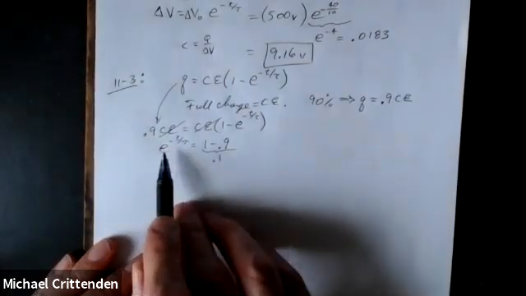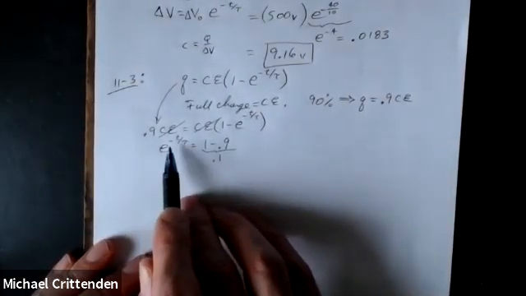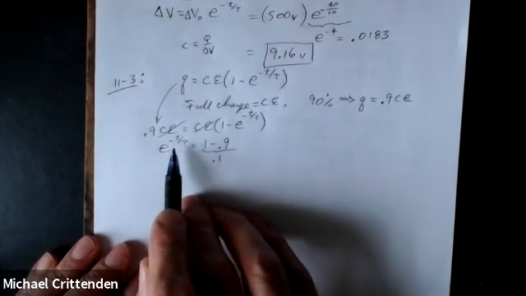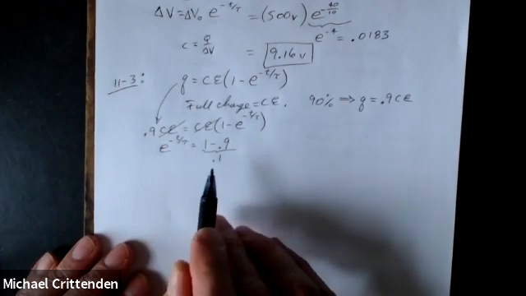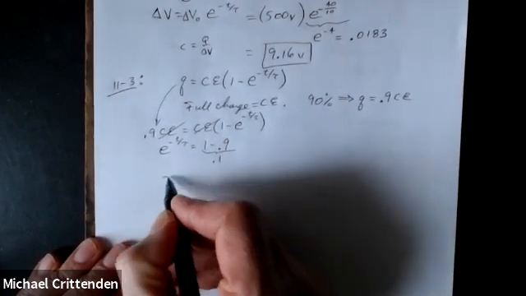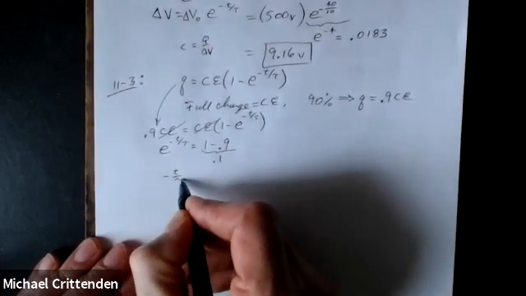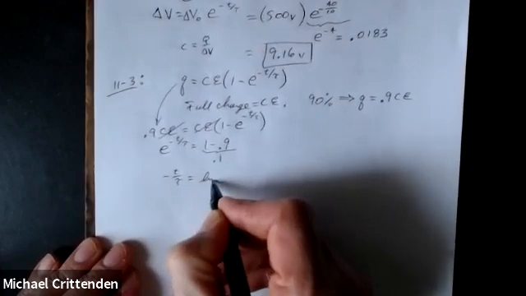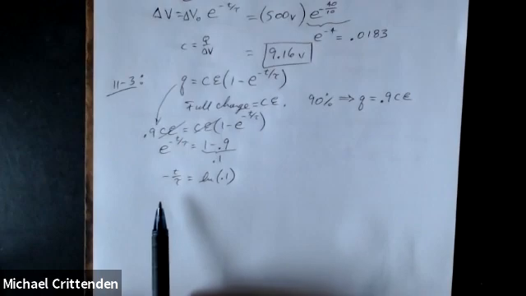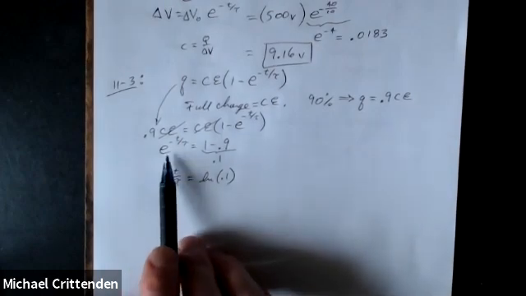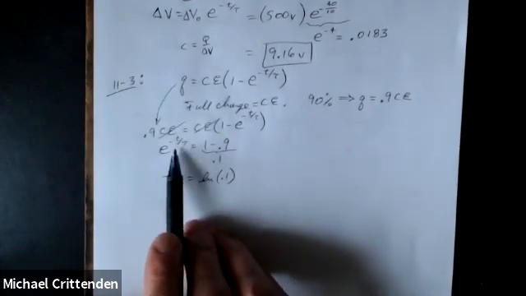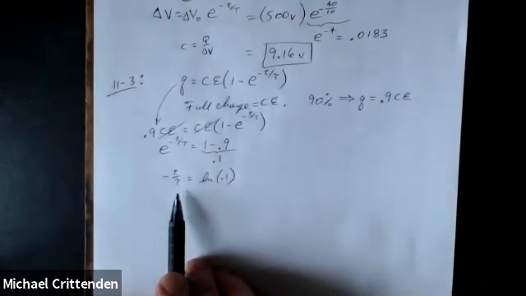And so to get that function off of the t, I apply the inverse function. The inverse function of an exponential is a log, so I take the natural log of both sides. Natural log of the exponential, the two functions cancel each other out because they're inverses, and you're left with just the negative t over tau.